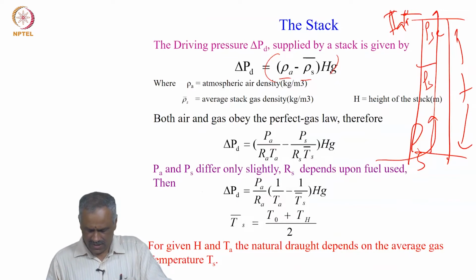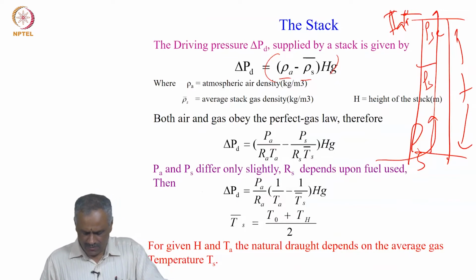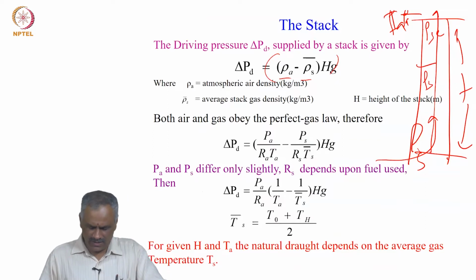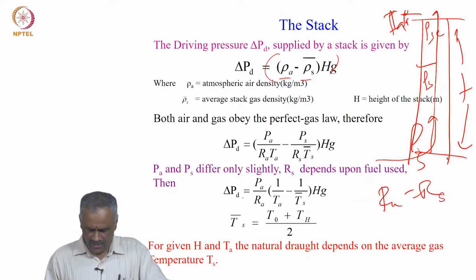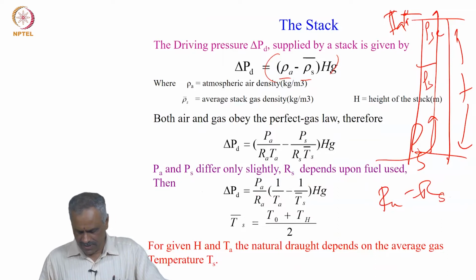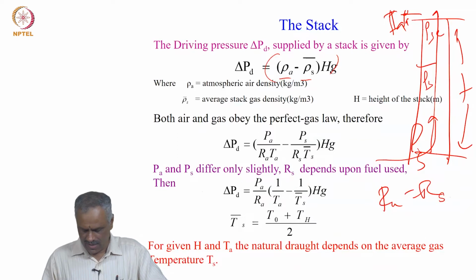The R value is different because of the flue gases, so it also depends on the fuel. So, assume that it is the same, R a is equal to R s. Then we can rewrite this as P a by R a into 1 by T a minus 1 by T s bar, times H g.